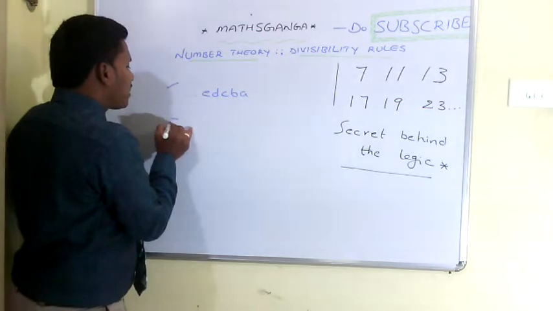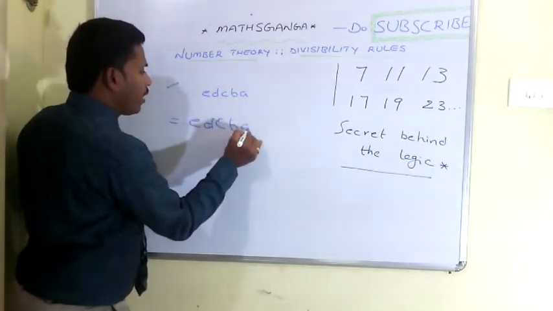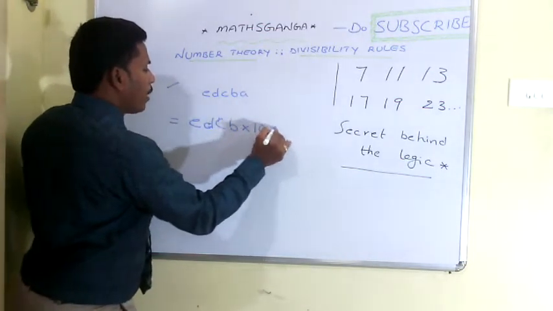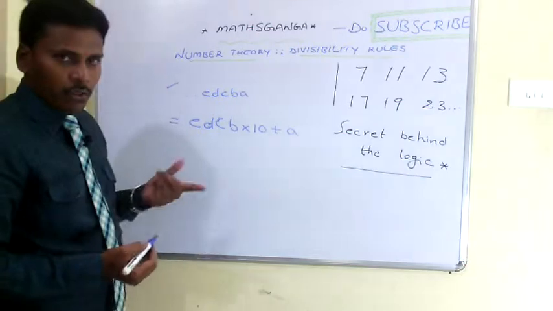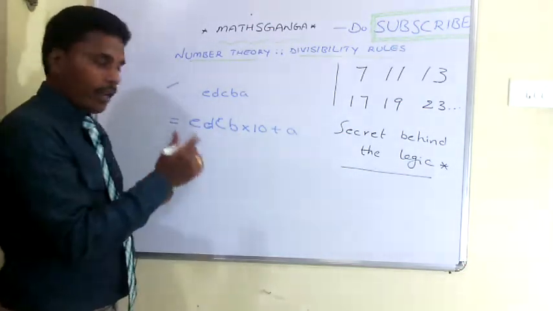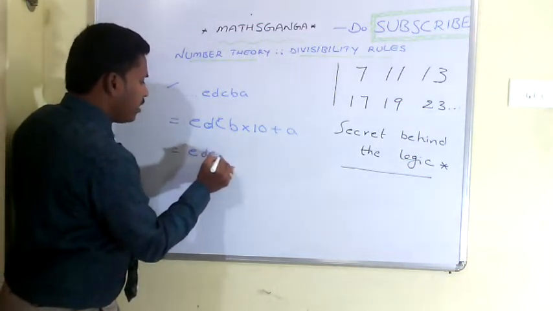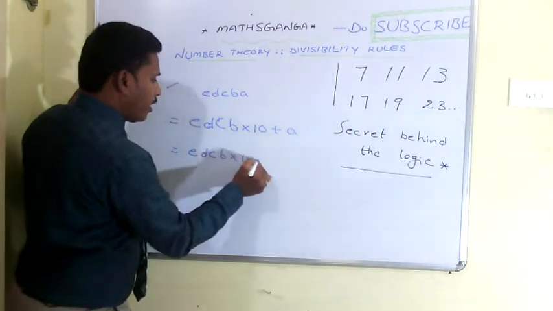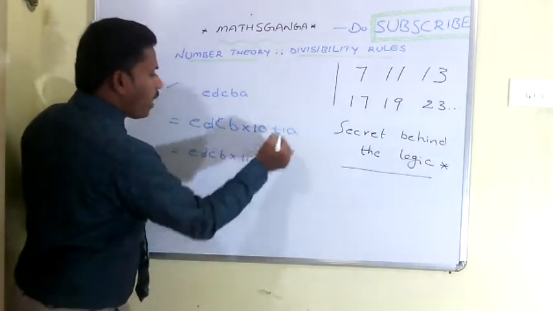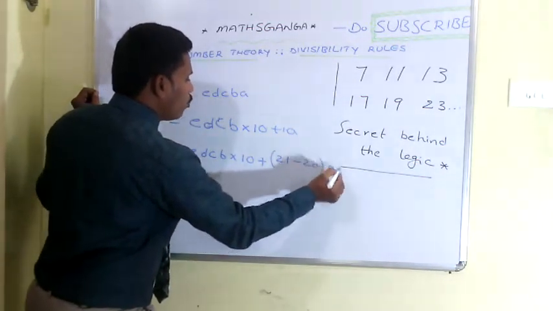I can write this number as E, D, C, B into 10 plus A. Can I write it like this? If you simplify it, both are the same, right? That equals E, D, C, B into 10 plus 1 into A. And I am writing that 1 as 21 minus 20, into A.